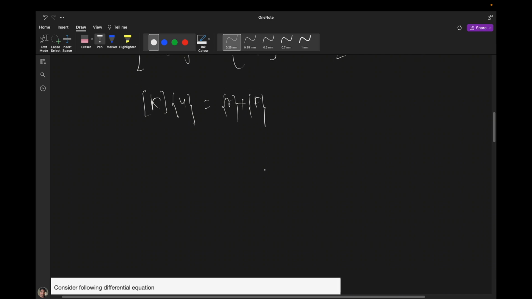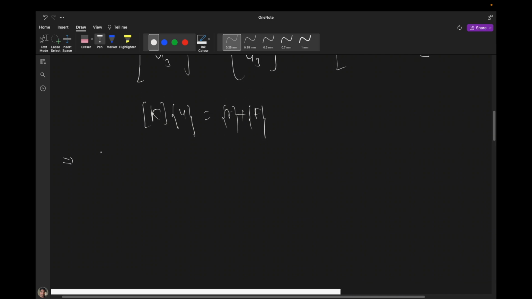When you try to arrange all this, then you will get a matrix something like this: K1 plus K2, 0, minus K1 minus K2; 0, K3, minus K3, minus K1 minus K2; minus K3, K1 plus K2 plus K3.